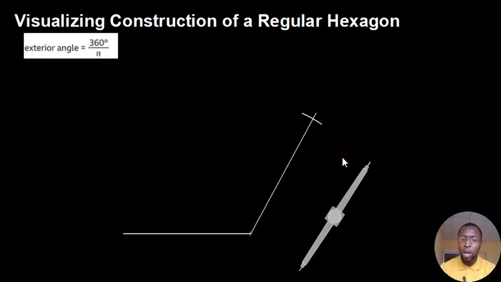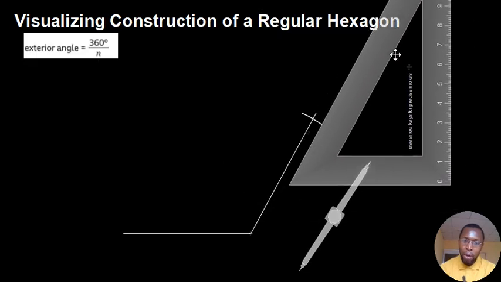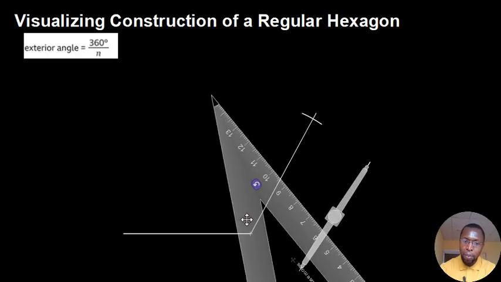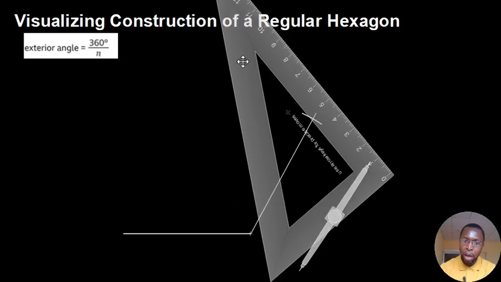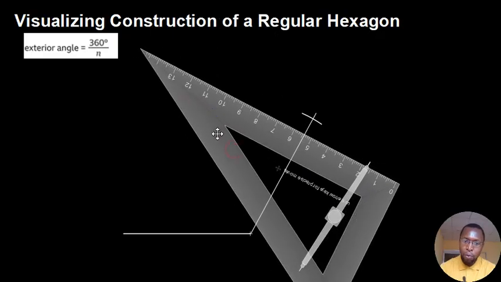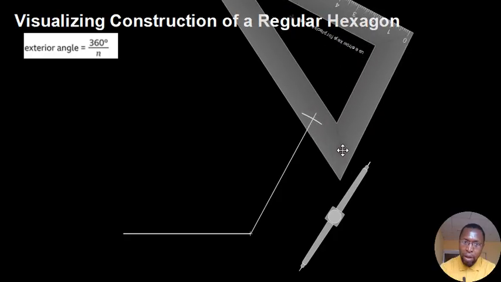All right. So we can do away with this because we already know what we need. So let's take away this. Now, again, we get our set square again. Okay. We rotate that set square in a way that the 60 degree will be on the same line with the new line we have drawn here. So I'm rotating my set square. Okay, and I'm moving the 60 degree portion, this portion here, to this line.